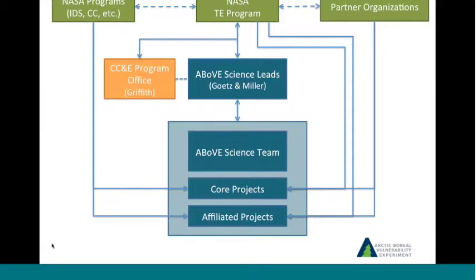And then, of course, there's the Above Science Team, and we have core projects and affiliated projects. And the affiliated can be funded either by NASA or by partner organizations. There's been a lot of interest in how can I be involved with Above. So we've spent some time outlining that and creating guidelines, and those are posted on the website.